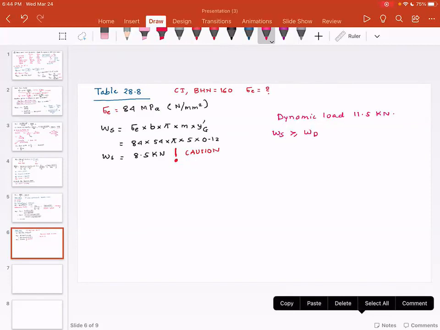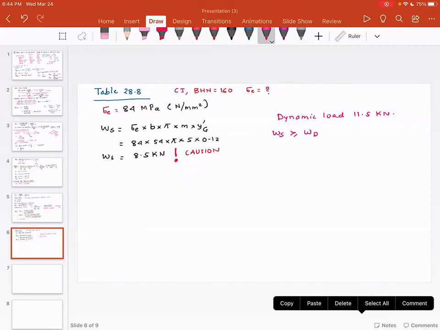But in this particular case, that is not satisfied. So please note, in this case, this design is not safe.